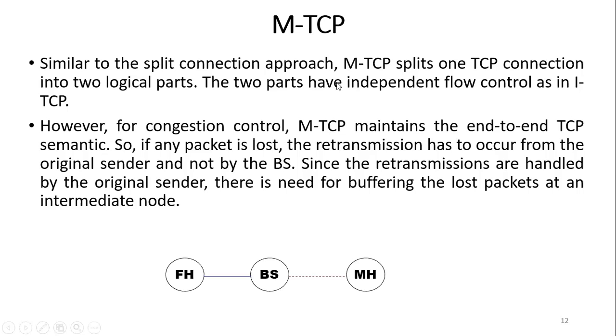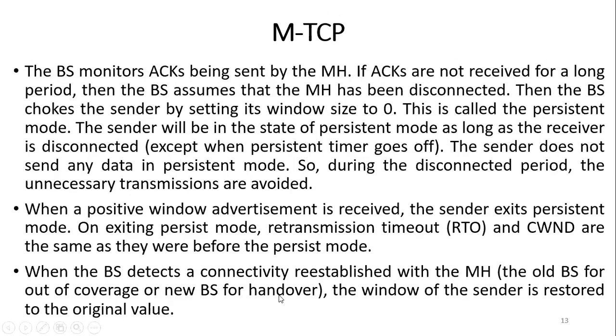Flow control uses this split, so you solve the problem to a good extent over there. And also those Snoop or ITCP came with some problem. That problem you handle gracefully. But in this case, now you maintain end-to-end semantics.